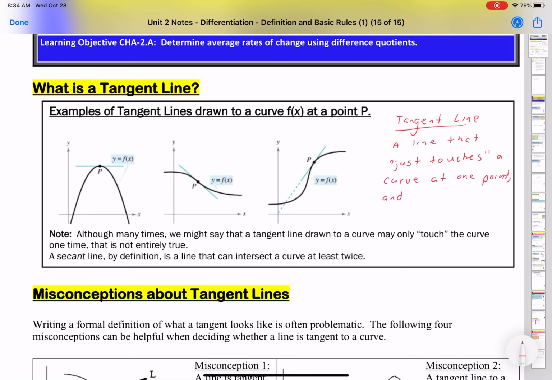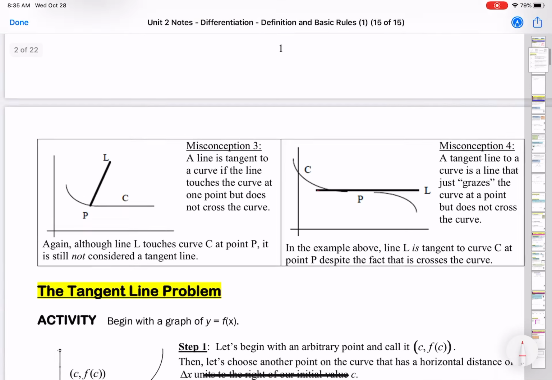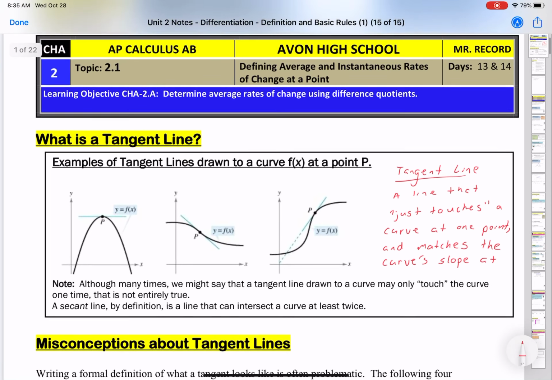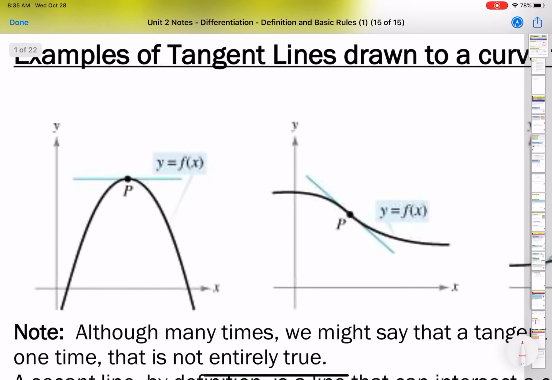And it matches the curve's slope at that point. So it's a line that's just touching the curve at one point, and at that point, it's matching the curve's slope. So just looking at a couple examples of tangent lines.